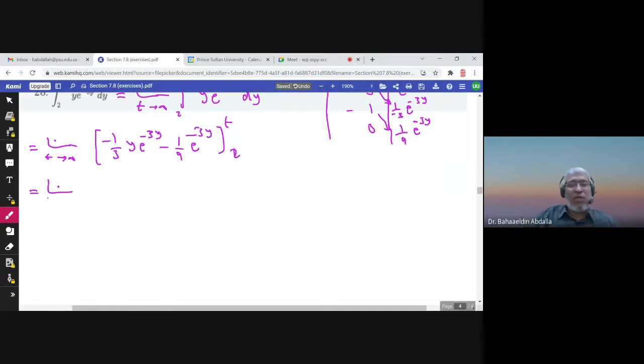So it is the limit as t approaches infinity of negative 1 over 3 t e to the power negative 3t, minus 1 over 9 e to the power negative 3t, minus negative 1 over 3 times 2 e to the power negative 6, minus, it would be plus 1 over 9 e to the power negative 6.